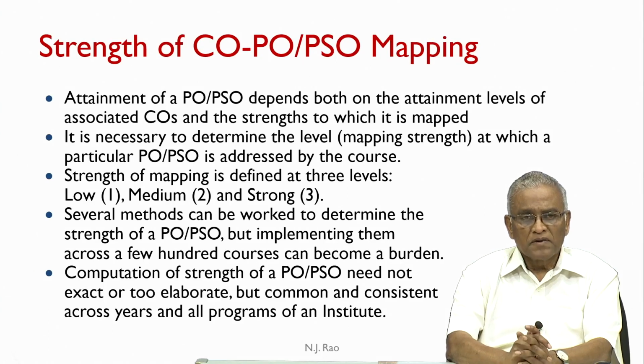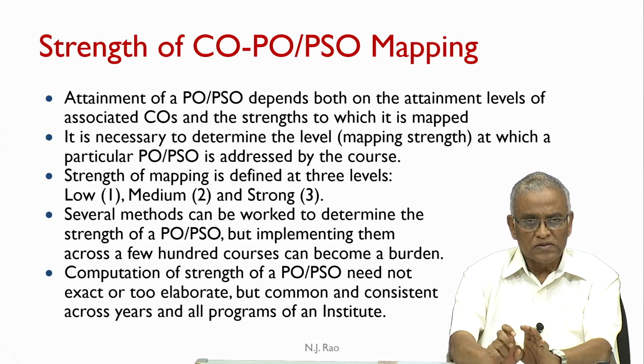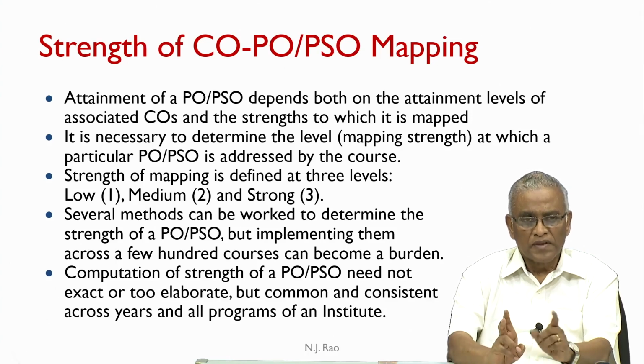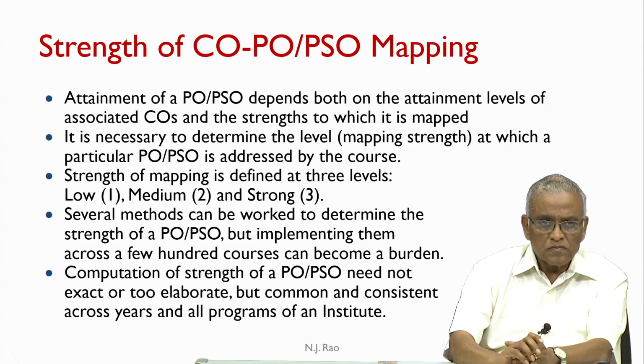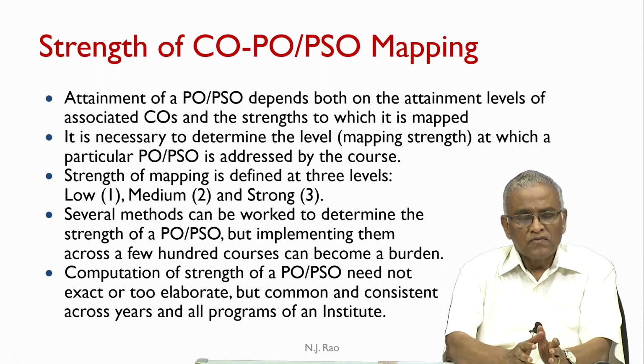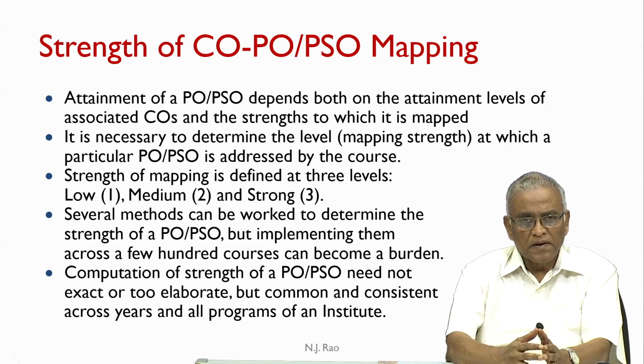Now, attainment of a PO or PSO depends both on the attainment levels of the associated COs and the strengths to which it is mapped. There are two parameters: whether a PO is associated with the CO or not, and the strength to which it is mapped. So we have to find a method of determining the strength.